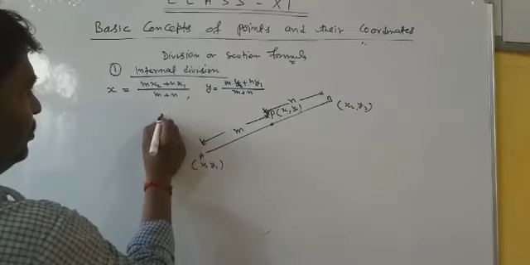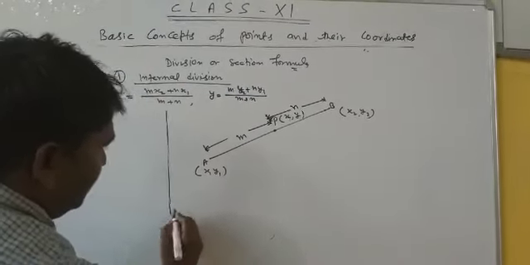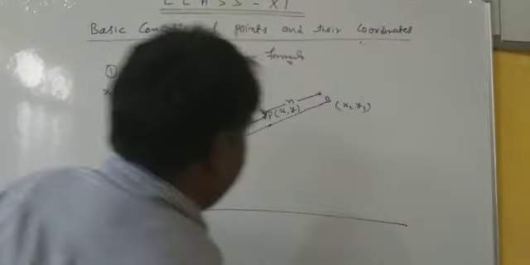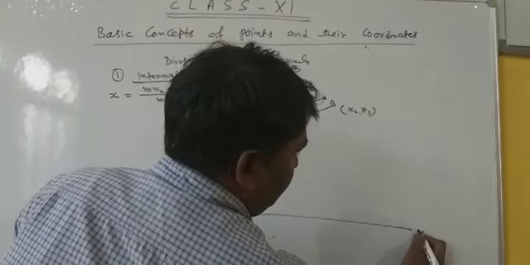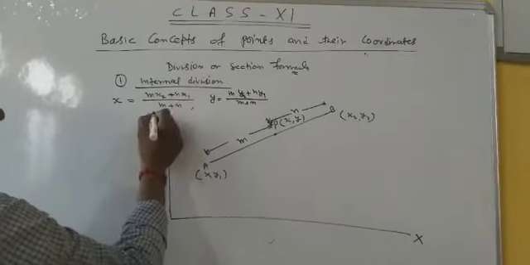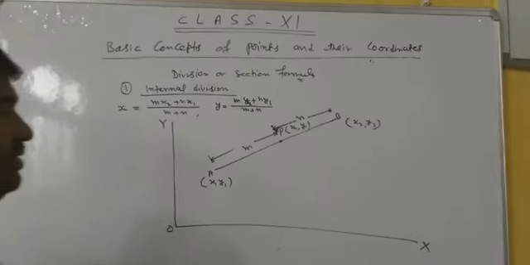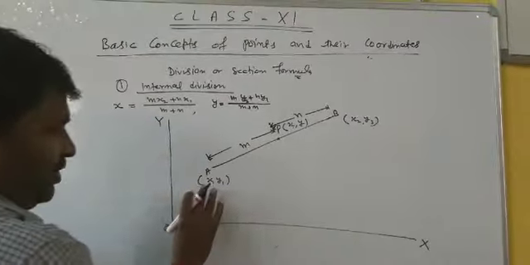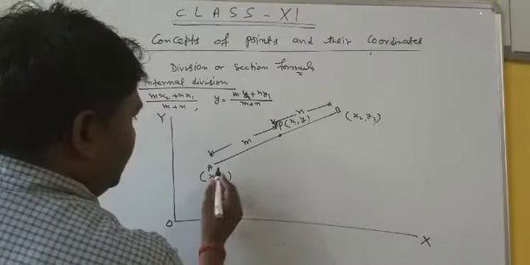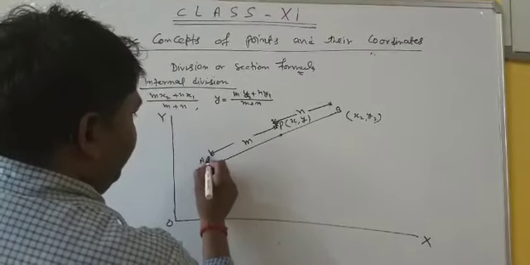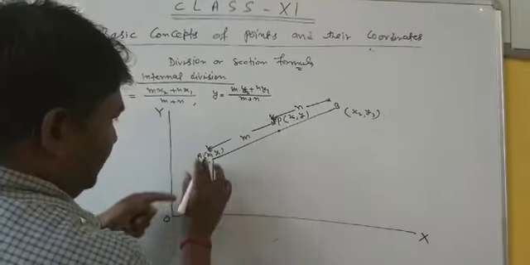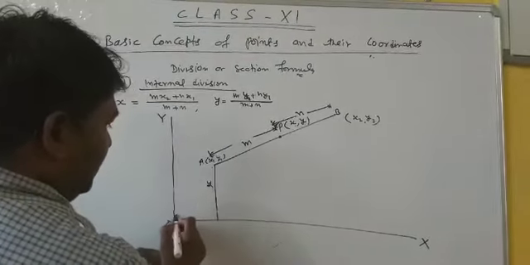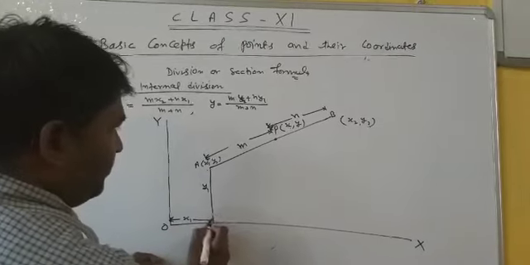But here I am going to derive it. You can see the derivation. Let there be a system of coordinate axes x and y. Since the coordinates of A are x1 y1, this length is y1 and this length is x1.